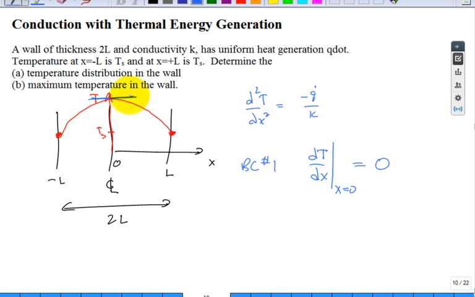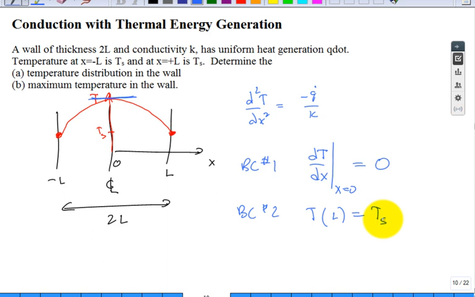And so you could say, I'm just going to focus on solving between 0 and L. And I know it's symmetrical. And I'm going to use that boundary condition, as well as another boundary condition, number 2, that the temperature at L is equal to TS. Either way. But you have to be able to do that.